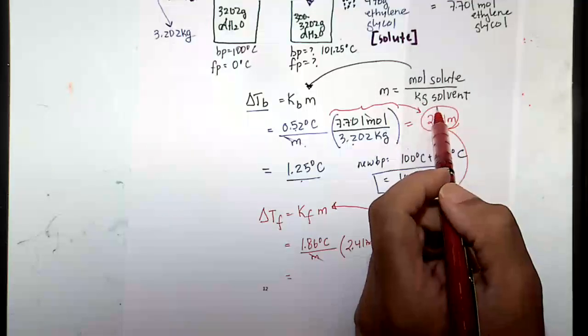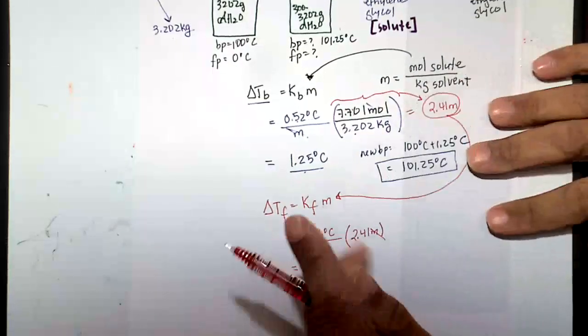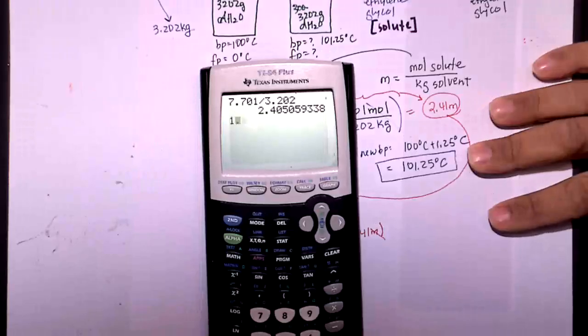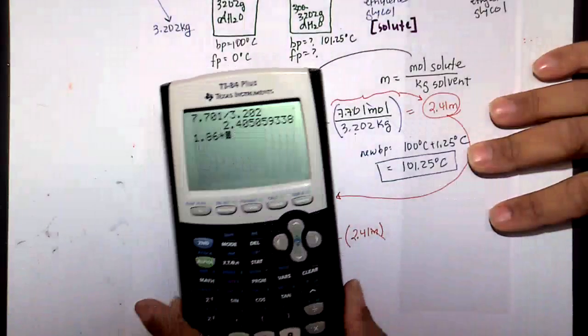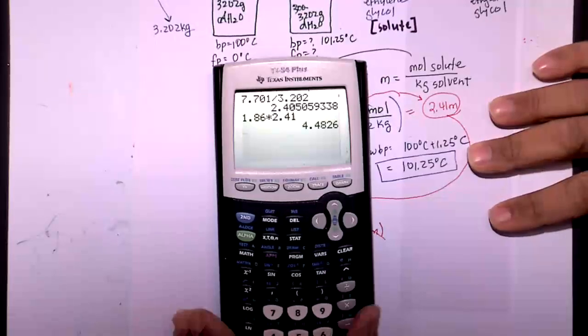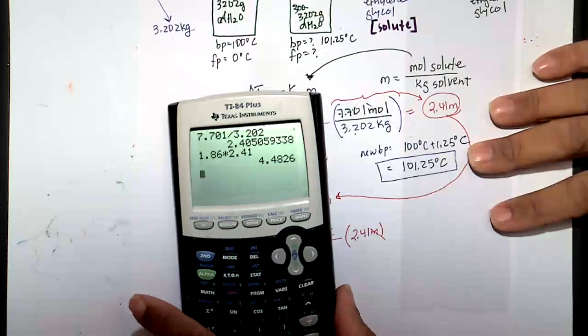So take moles divided by kilograms, and that's our molal. Molal times the constant. I got this constant from the table. And so 1.86 times 2.41, 4.48 degrees C.